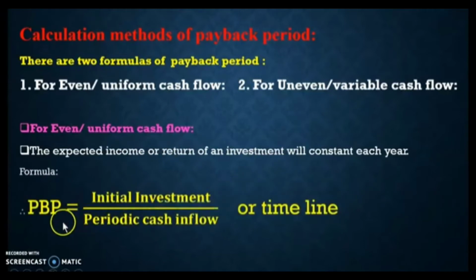Formula: PBP equals initial investment divided by periodic cash inflow. Here, initial investment means our invested capital or fund, and periodic cash inflow means the return from our investment every year. We can also calculate the payback period using a timeline.